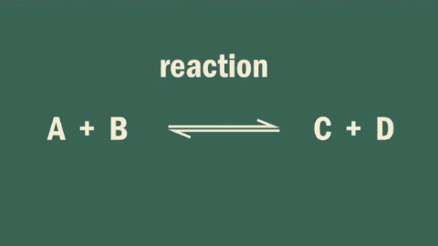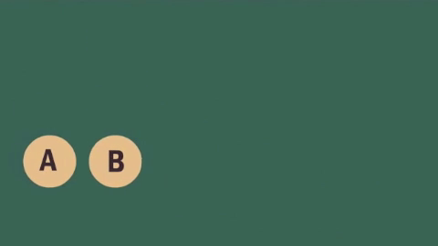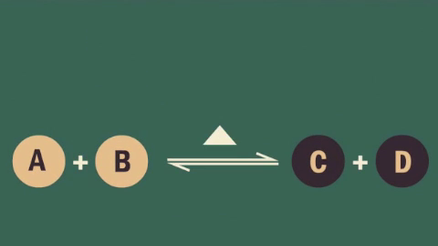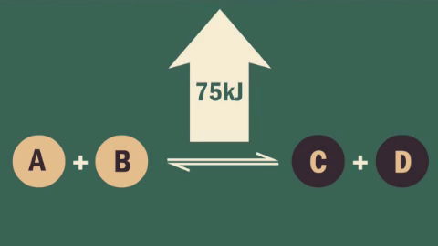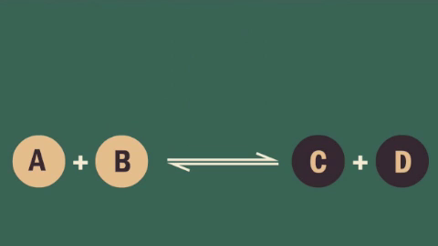Let's examine this hypothetical reaction where reactant A reacts with reactant B to produce product C and product D, with a change in heat of minus 75 kilojoules. This means that when the forward reaction occurs, 75 kilojoules of energy is released and 75 kilojoules is absorbed when the reverse reaction occurs.